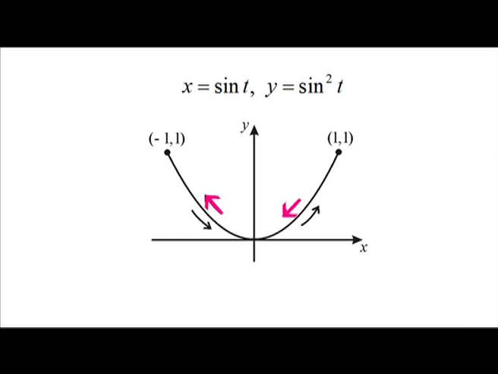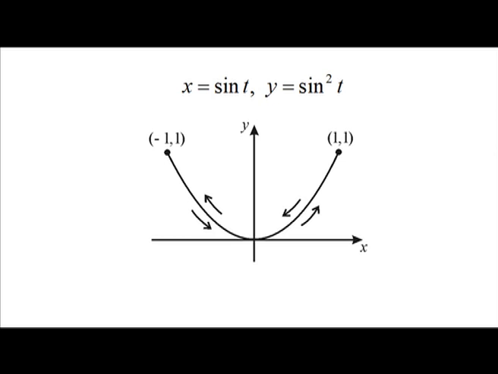However, since the sin function is a periodic function, the value of x is equal to sin t varies periodically between negative 1 and 1. So, the point x y moves periodically back and forth along the parabola between the points negative 1, 1 and 1, 1.